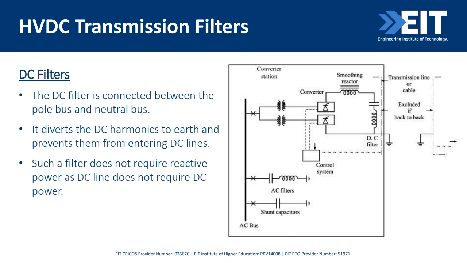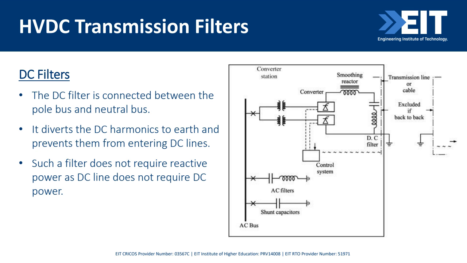Similarly, we have DC filters. The DC filter is connected between the pole bus and the neutral bus. The pole bus is the DC line, which is called a pole in HVDC transmission lines. It's not the actual pole like in AC, where the pole is the tower which carries the line.